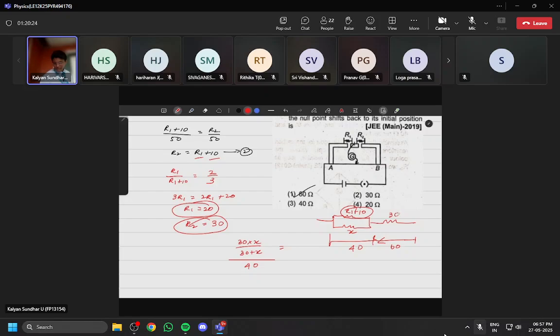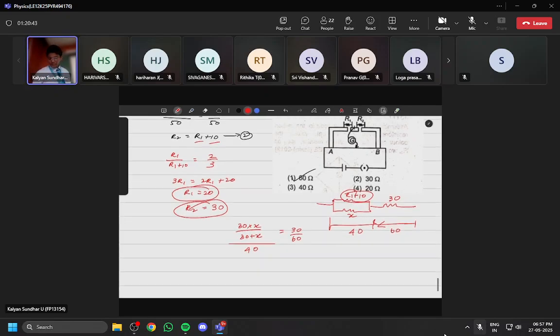R2 is 30, right? So 30 by 60. So from here you have to get your x value. If you just calculate the x value, you will get 64.